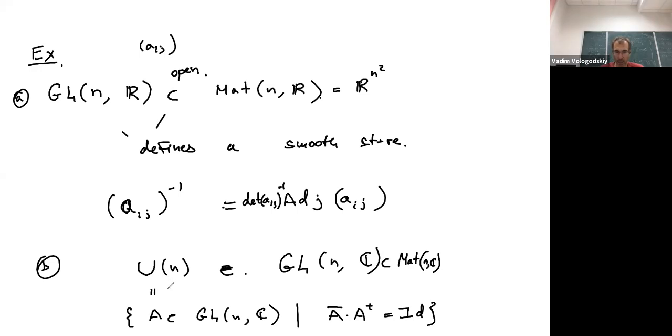In order to check this, I have to check that U(n) can be described inside GL(n, C) by a system of equations such that the corresponding Jacobian matrix has maximal possible rank. How to do this?